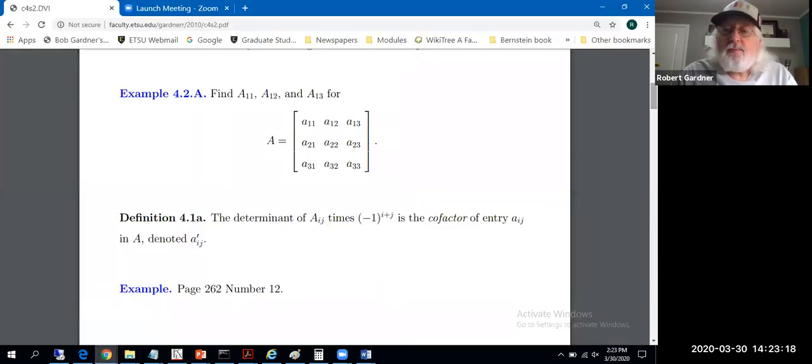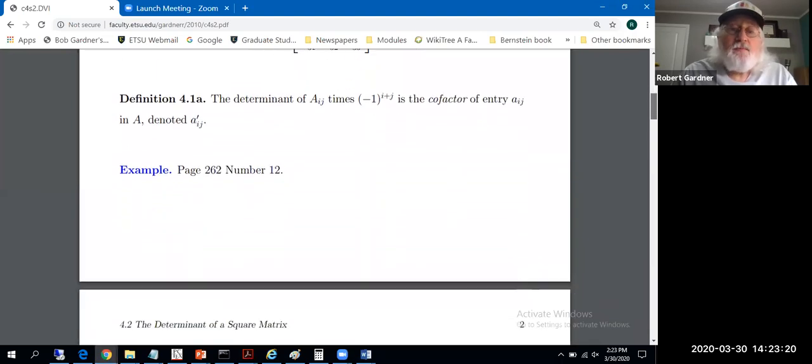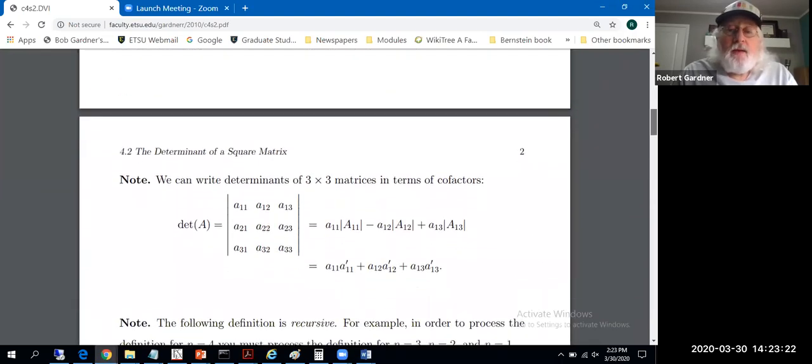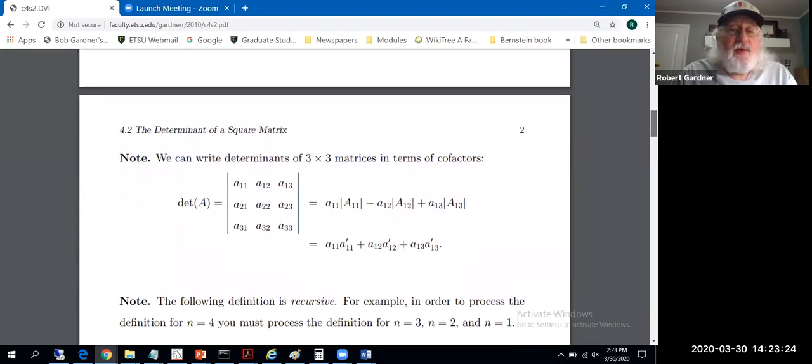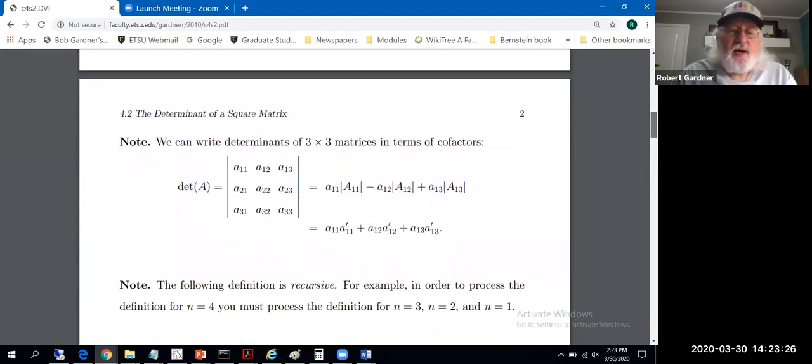Okay, so there's an example of a cofactor and a suggestive observation, as further motivation as to how we're going to define determinants of n by n matrices. We had the determinant of a 3 by 3 matrix, and lo and behold, it can be expressed in terms of cofactors.